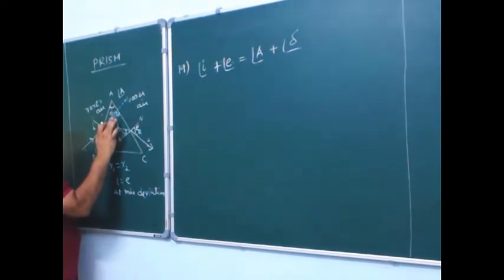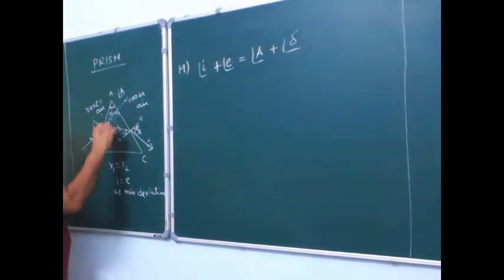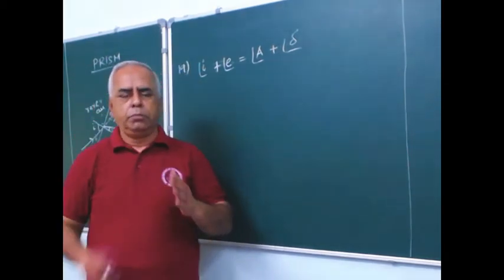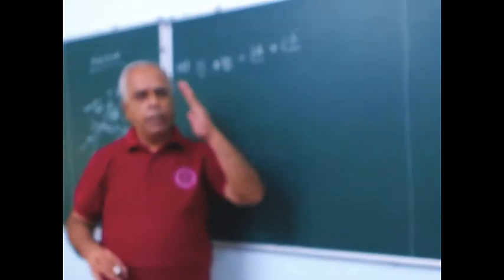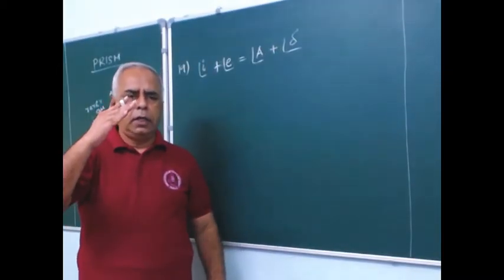Now the angle between these two undeflected paths can be called the angle of deviation. So what is angle of deviation? Angle of deviation is the angle subtended between the undeviated incident ray and the undeviated emergent ray.